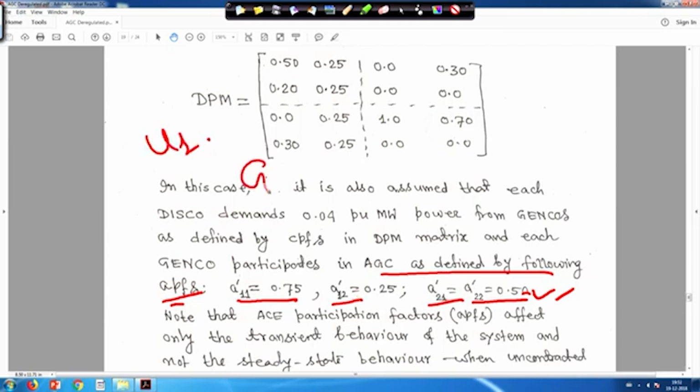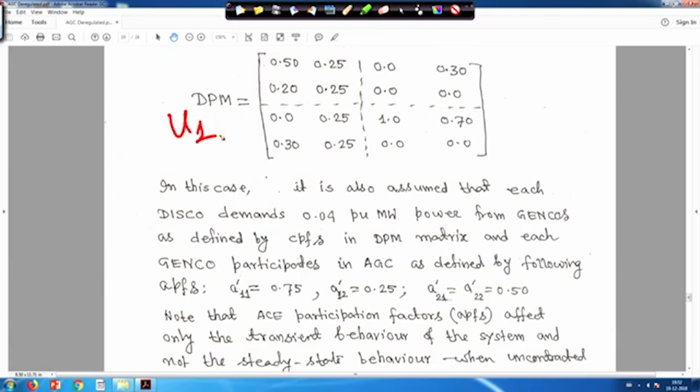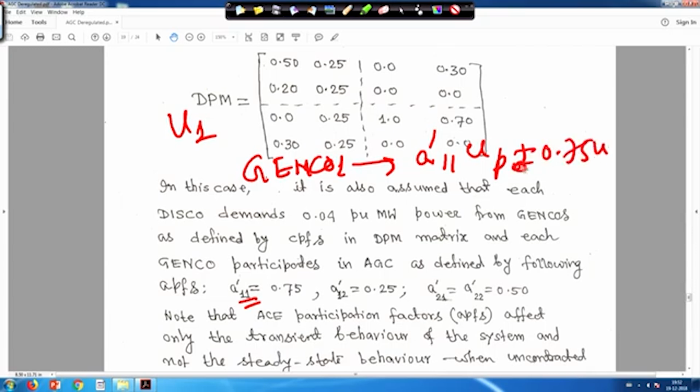For GENCO 1, the generating unit 1, the input going to it will be A dash 11 into U1, that is 0.75 U1. This is for GENCO 1.